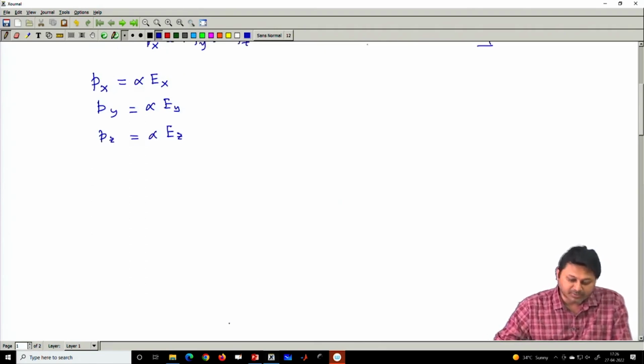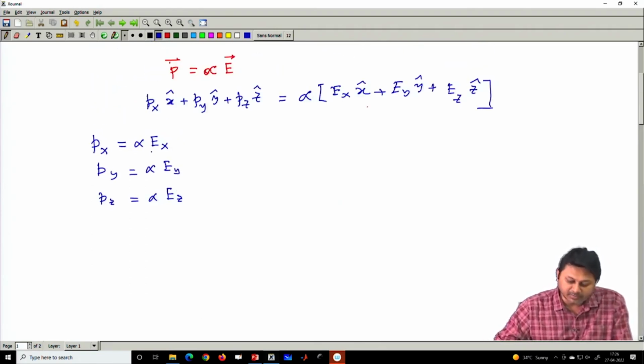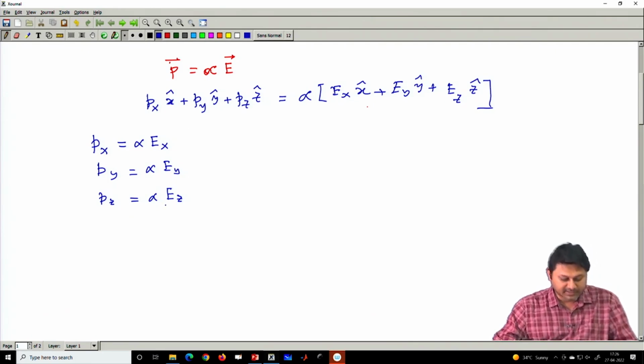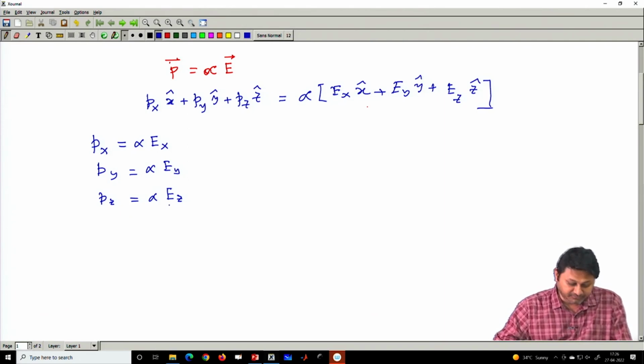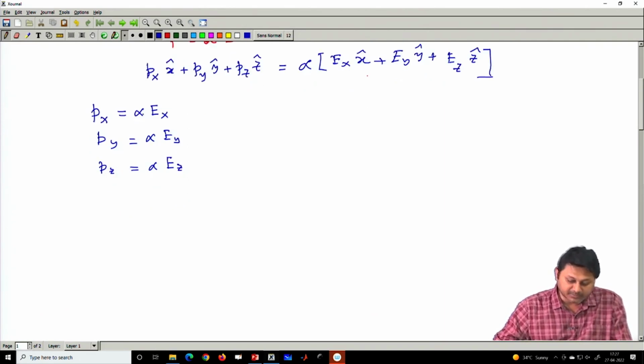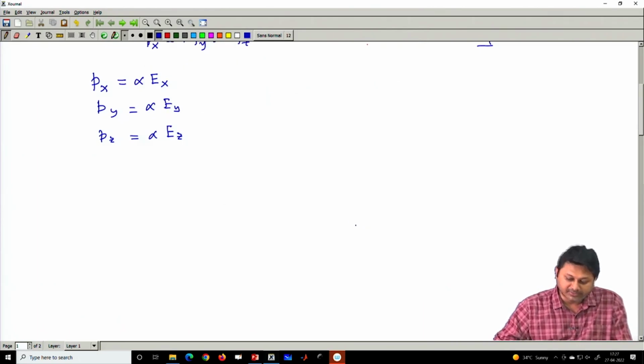The x component of the polarization vector depends on the x component of the applied electric field, the y component on the y component, and the z component on the z component, and in all cases the constant is alpha.